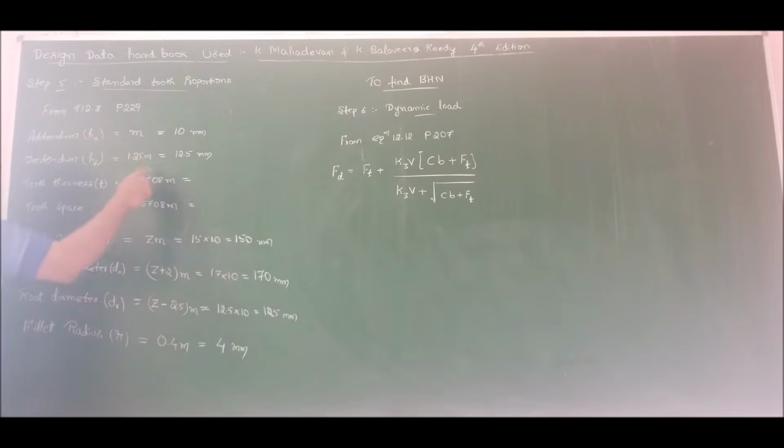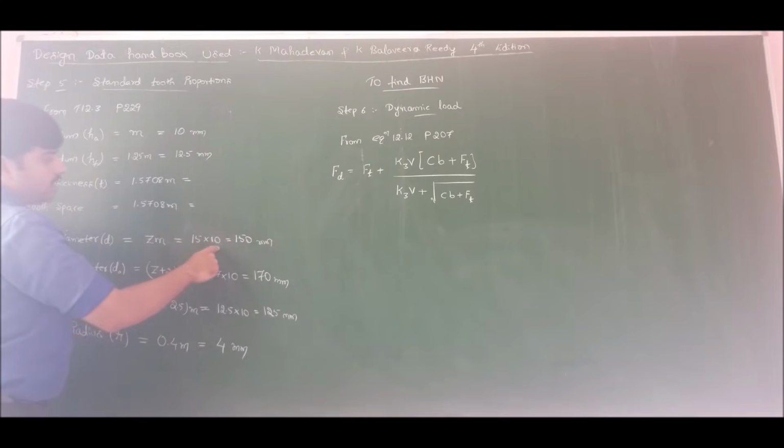Substituting the value of 10 millimeters, I can find all the values of the standard tooth proportions. The addendum is the same as module, that is 10 mm, and one more important parameter is the pitch circle diameter of the pinion. The pitch circle diameter of the pinion is 15 teeth multiplied by module 10, I will get 150 millimeters. Like that you can complete the standard tooth proportions.